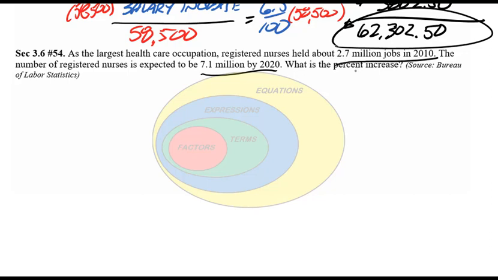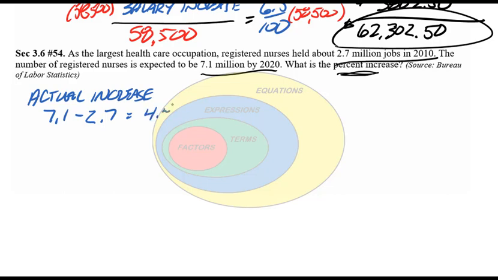Obviously it's going up, and they want to know the percent increase. The first thing we need to do is find the actual increase, taking 7.1 and subtracting 2.7 to get 4.4 million. Everything is in terms of millions, but that's how much it actually increased.